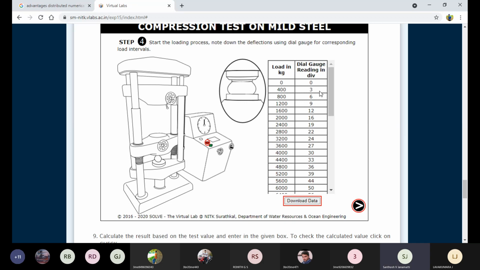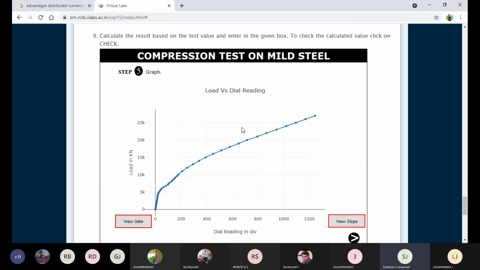Up to then the material is still in elastic deformation. If changes take place in the material, we can understand that plastic deformation is taking place. Simultaneously, we note down the load and strain or deformations.